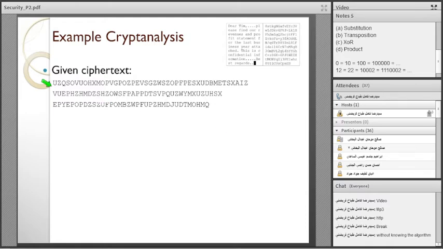So for example, this is just an example. If you have an encrypted text like this and you just count the number of appearances of each letter, the most frequent letter is for E. After that it can be T and A, so you can get TH and you can get THE.